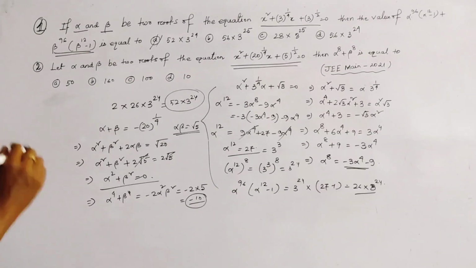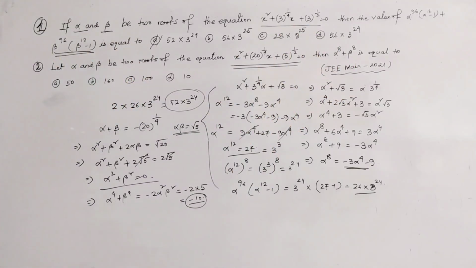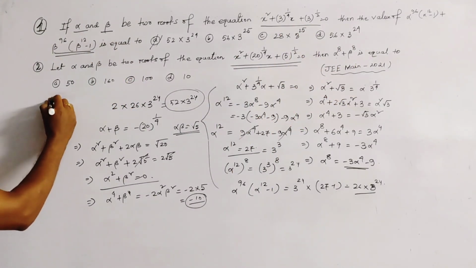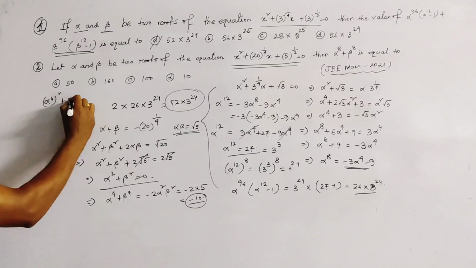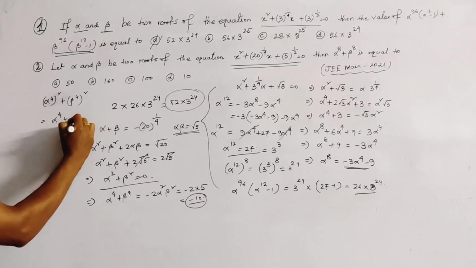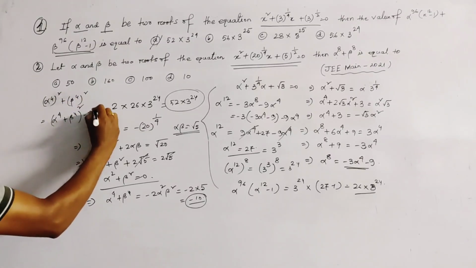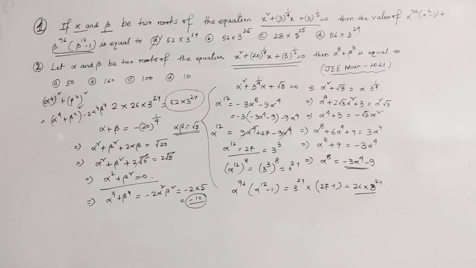Now we want the value of alpha to the power 8 plus beta to the power 8. So alpha to the power 4 whole square plus beta to the power 4 whole square equals alpha to the power 4 plus beta to the power 4 whole square minus 2 into alpha to the power 4 beta to the power 4.